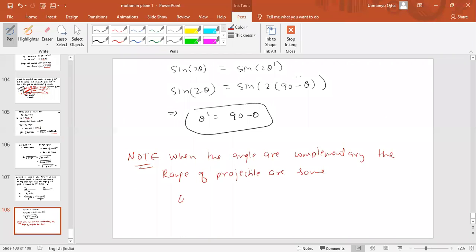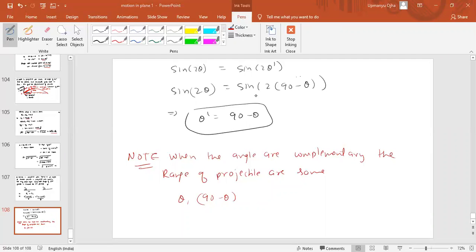Complementary means if one is theta, the other is 90 minus theta. Okay, fine. So when the angles are complementary, then the range is same.